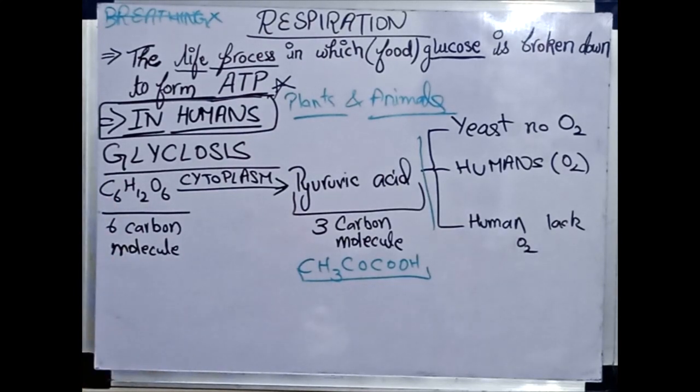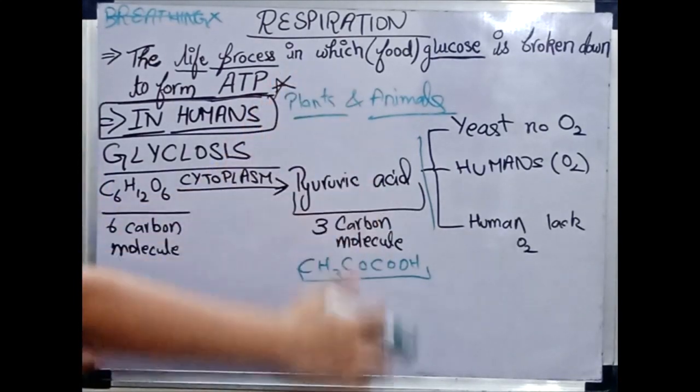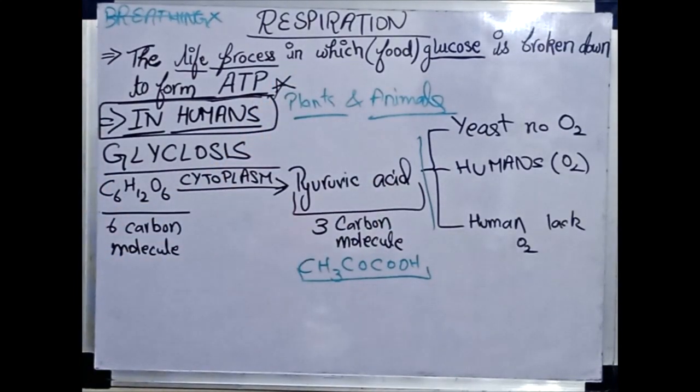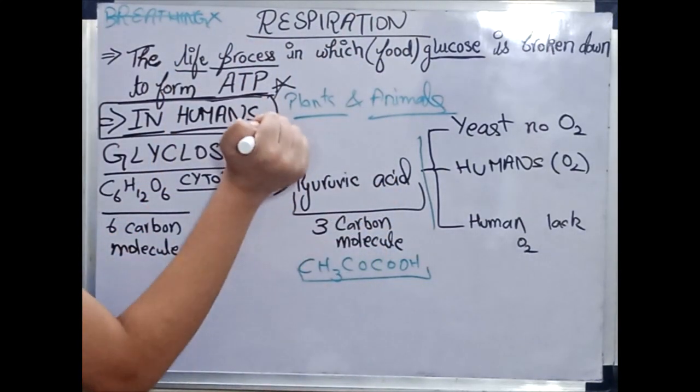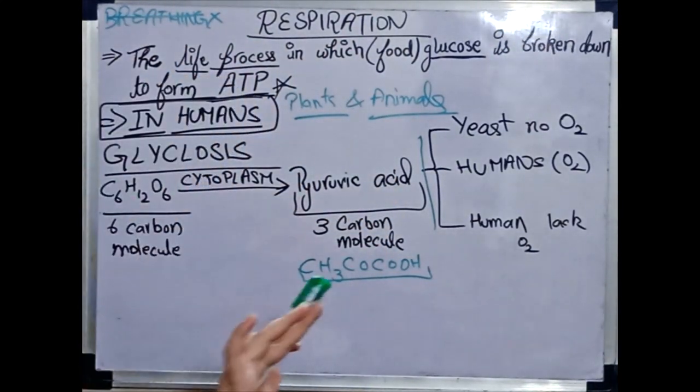ठीक है? Now glycolysis we are not having in much detail कि हो क्यों रहा है, इस साइटोप्लाज्म में बेसिकली होता कैसे है in very detail. We only need to remember that the conversion of glucose into pyruvic acid is glycolysis. Just this much. Okay. Now we have to talk about humans.